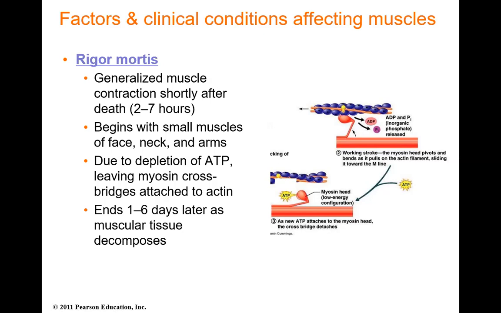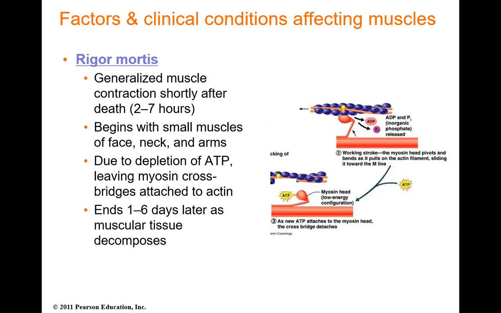Well, when you die, not all of your tissues stop working at the same time. Some of your cells are going to keep on doing what they do until they run out of oxygen, until they run out of resources. And of course, that will happen fairly quickly, depending on the tissue, because when your heart stops, your circulation and delivery of oxygen stops as well.